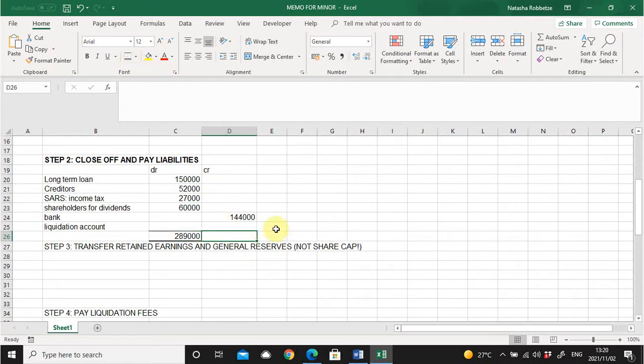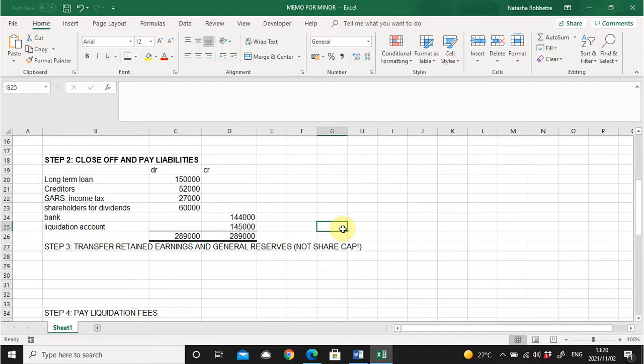And of course, the credits need to be the same value. And therefore, the liquidation account will again be my balancing figure, 145,000. Right, then we are moving on to our next step.